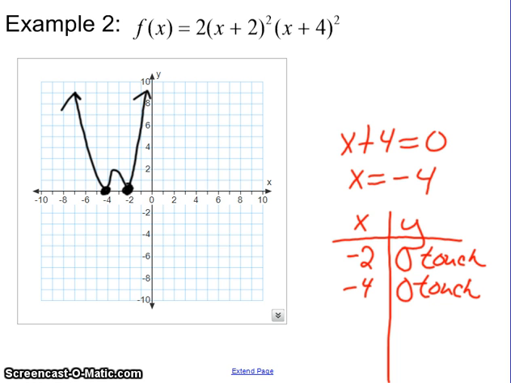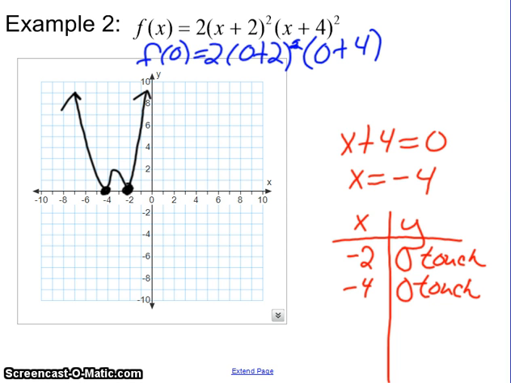Okay, I'm going to plug in x equals 0. f of 0 equals 2 times (0 plus 2) squared times (0 plus 4) squared. Order of operations: simplify inside the parentheses first.